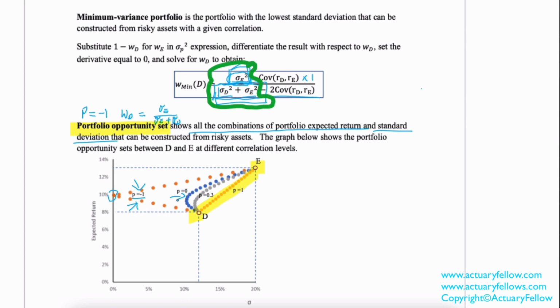For correlation equal to -0.9, the curve would be like this. On the other hand, for correlation closer to 1, the curve is flattened and closer to the yellow line. The gray line is for correlation equal to 0.3. For correlation equal to 0.9, it would be more flattened like this.